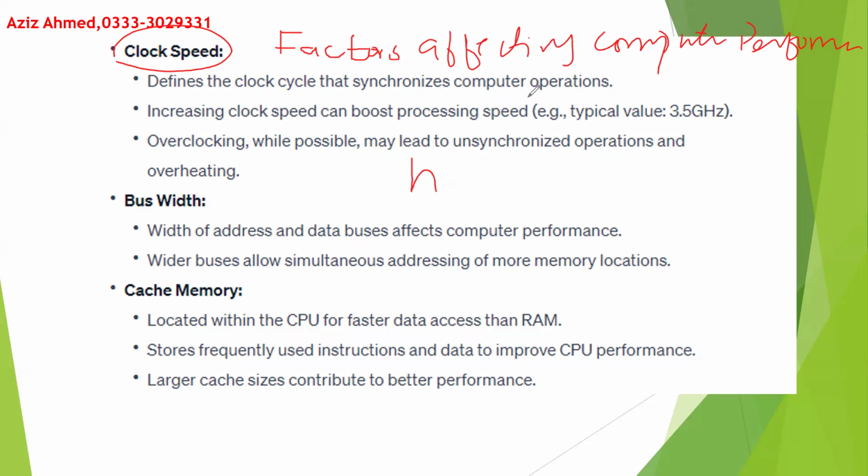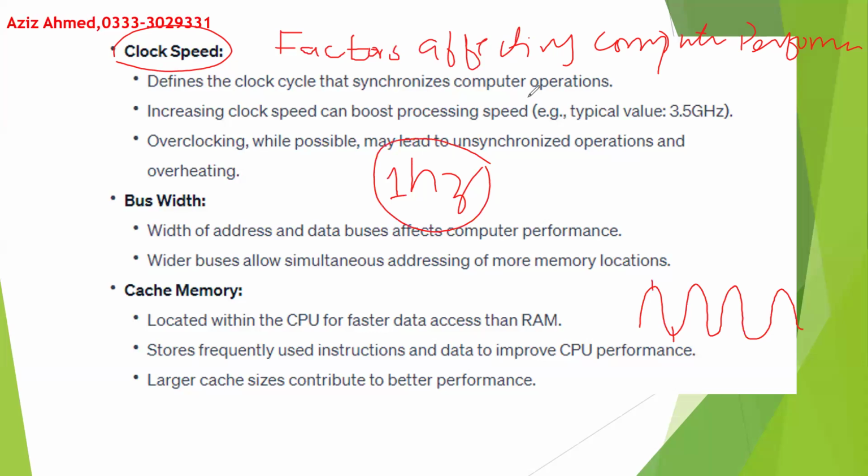Do you know what frequency is? Its basic unit is called hertz: cycles per second is called frequency. When a computer performs one cycle, it means it has performed 1 hertz.